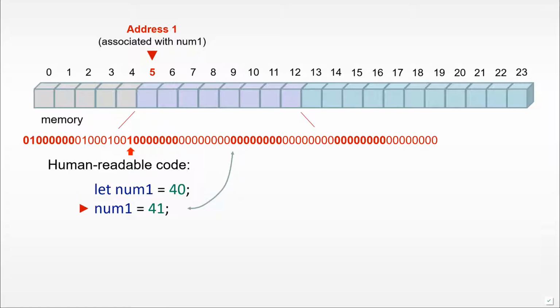So if you look at the little arrow which appeared on the screen, we actually changed a single bit in this 64-bit series of numbers. So now at address 5 in computer memory, we have a new value which corresponds to the numerical value 41.